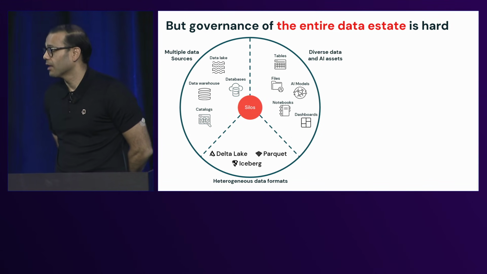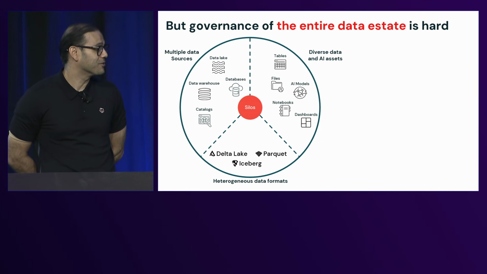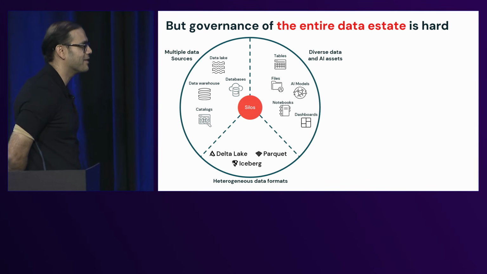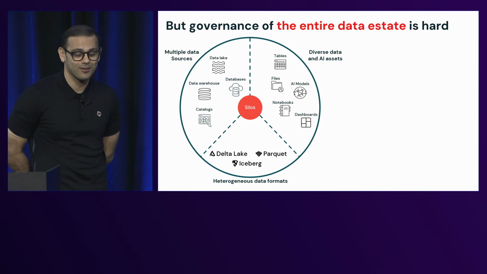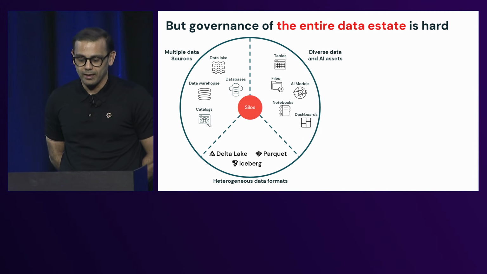Let's see how. In most organizations, you have a bunch of different data living in a bunch of different places. You have data in different data sources like data lakes and data warehouses and databases and catalogs, possibly multiple catalogs. You have all these different formats, things like Iceberg and Delta Lake and Parquet.